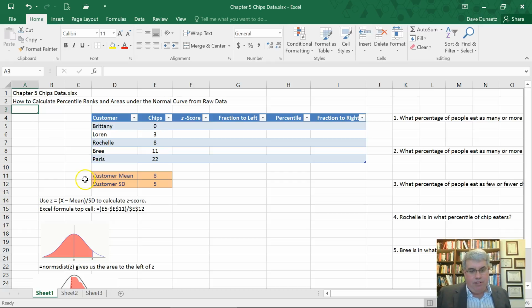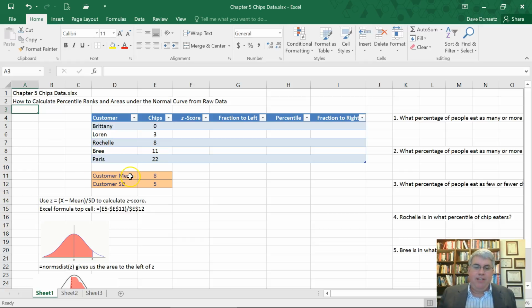And the old lady who works there says that the average person eats about 8 chips, and most people eat between 3 and 13.